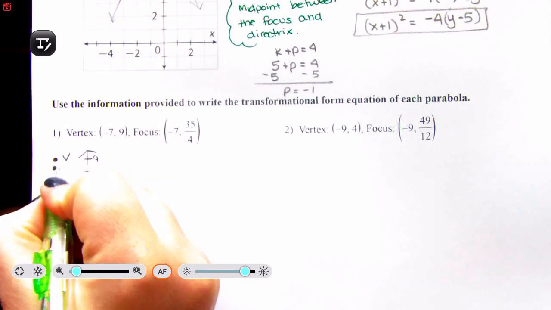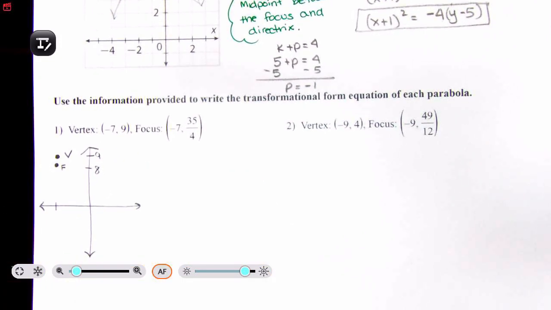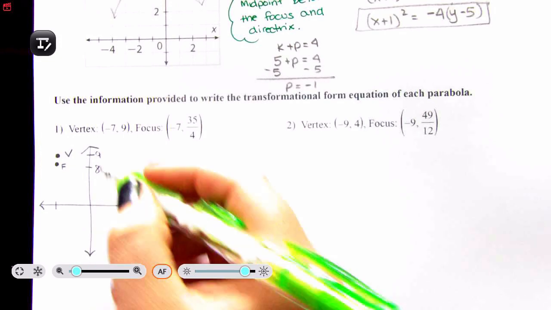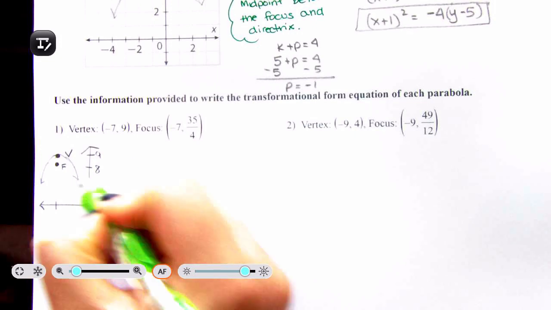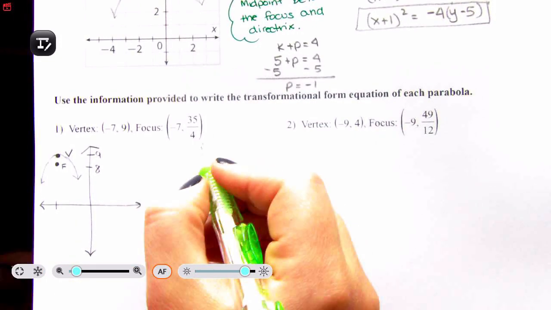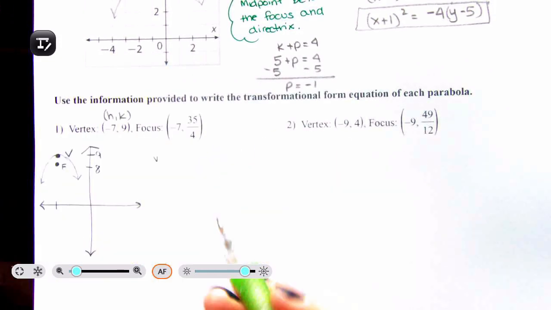That's your focus. With your vertex and your focus, you already know that your vertex will be on the parabola, but your focus has to be inside. So the only option I have is to go downward like this. So we know vertex is (h, k).